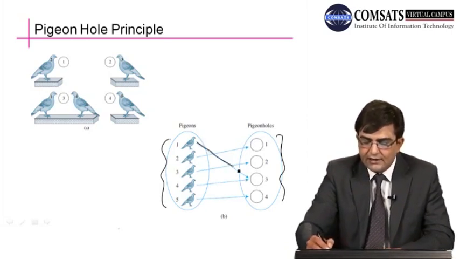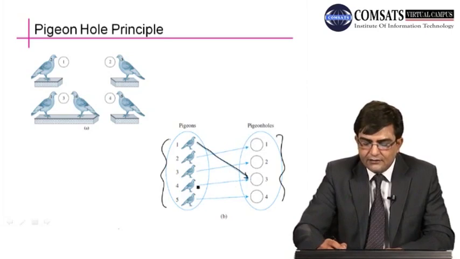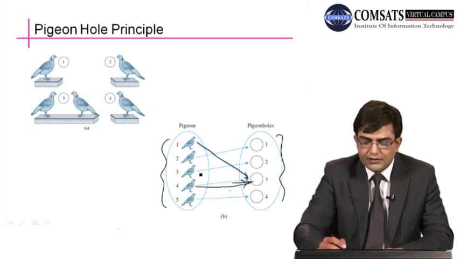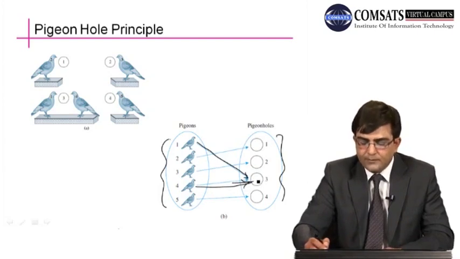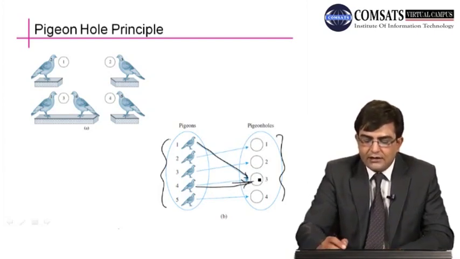For example, the 1st and the 4th pigeon are kept in the 3rd cage. So these 2 pigeons come in the same pigeonhole, and the rest of the pigeons come alone in one cage.